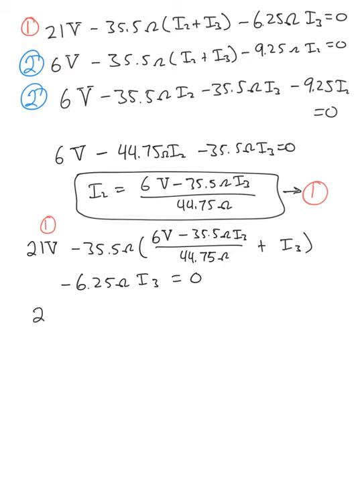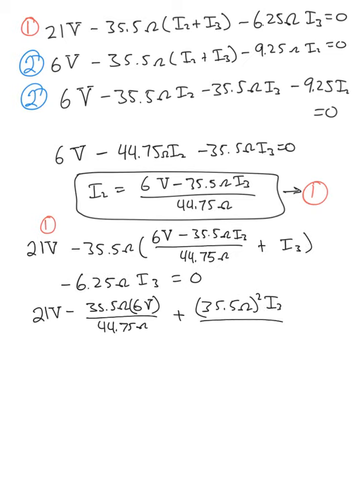So we get 21 volts minus 35.5 ohms times 6 volts divided by 44.75 ohms, plus, because it's minus a minus, 35.5 ohms squared multiplied by I3 divided by 44.75 ohms.